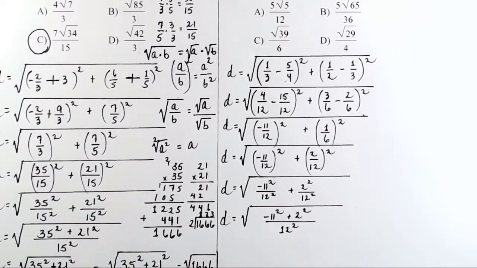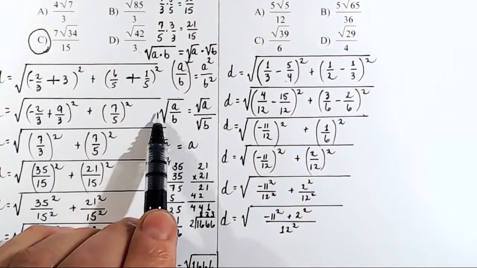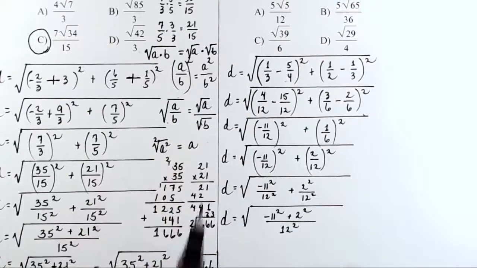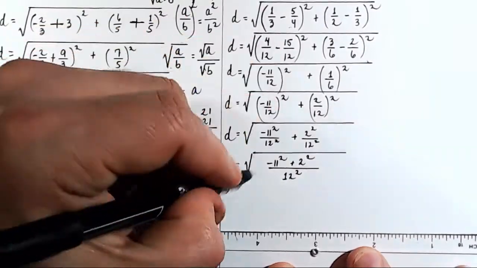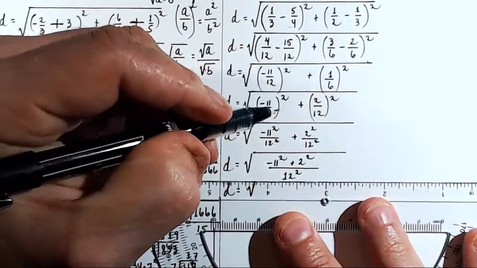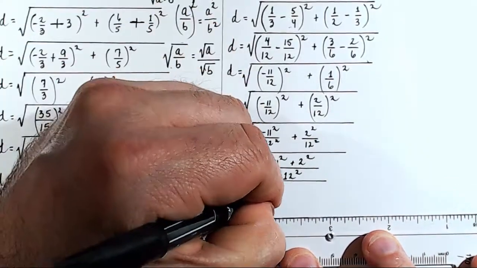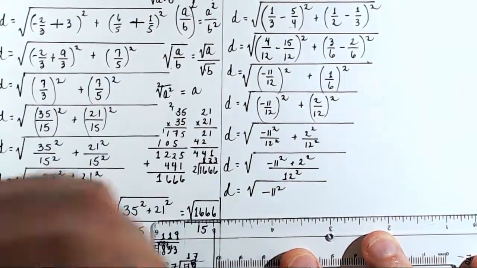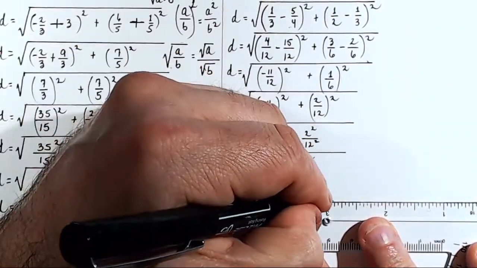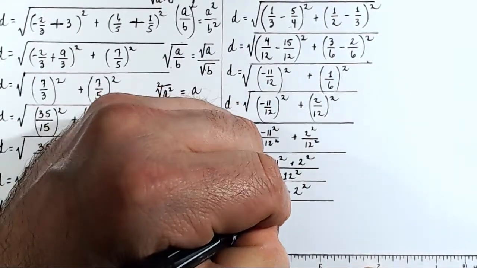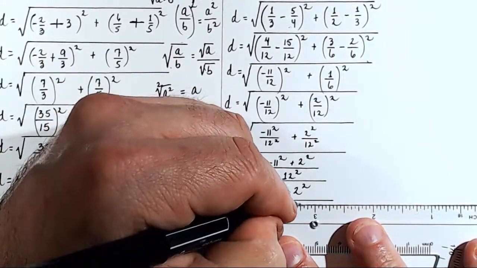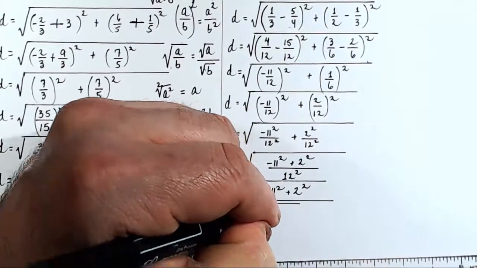And now I'm going to apply one of my rules about square roots, which is that the square root of a over b is equal to the square root of a over the square root of b. So I'm just going to put the numerator and denominator in their own square roots. The square root of negative 11 squared plus 2 squared over the square root of 12 squared.